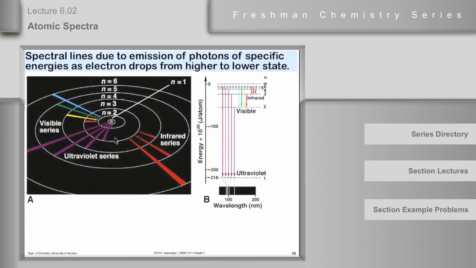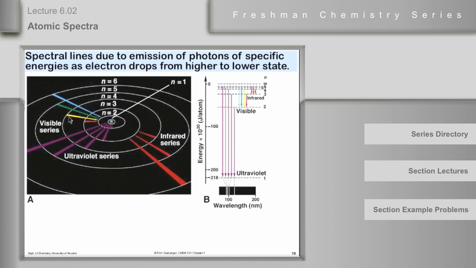There's a diagram in your book that illustrates the same thing from a slightly different perspective. Here are the Bohr orbits, and the one that's closest to the nucleus is n equal to 1, and then the next one's n equal to 2 and 3 and 4 and so forth. And what we see here are transitions that would occur from various different excited hydrogen atoms.